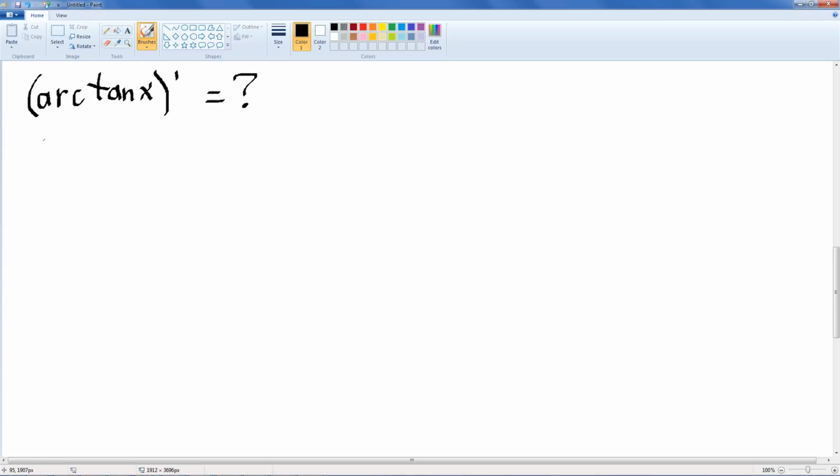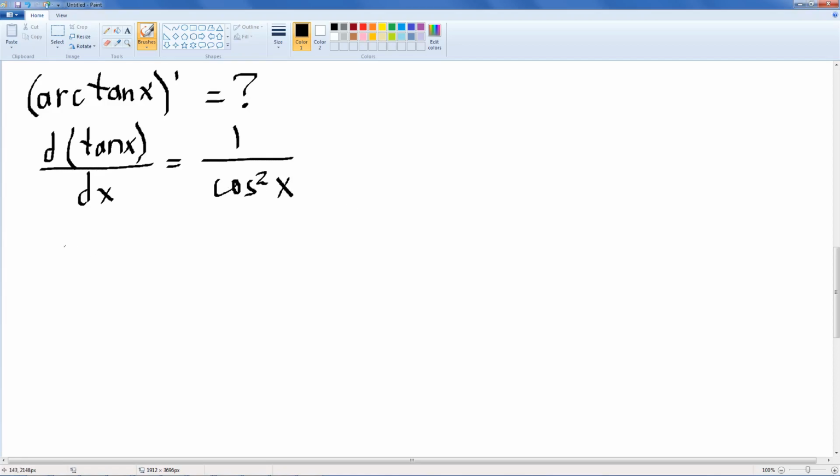Suppose we know it. So the derivative of tangent x is actually equal to 1 over cosine x squared.